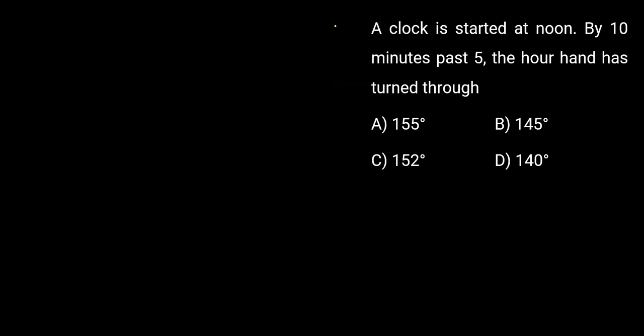Now see, they gave 10 minutes past 5 o'clock, and they're asking the angle between hands, sir. What are they asking? Only the hour hand angle. Please read the question carefully, right? So what is required for the hour hand angle? What is the timing, sir?